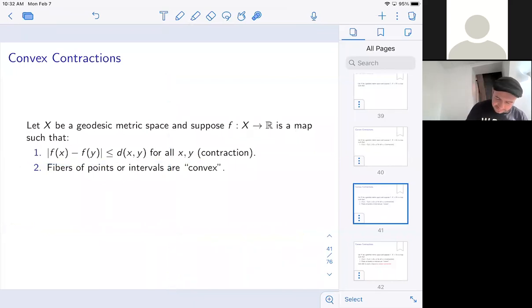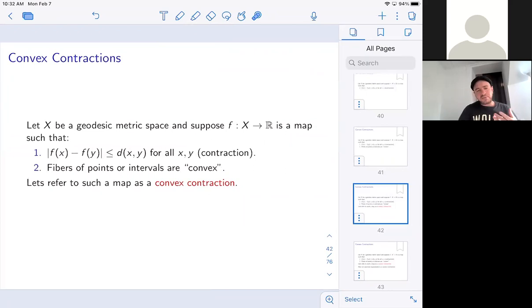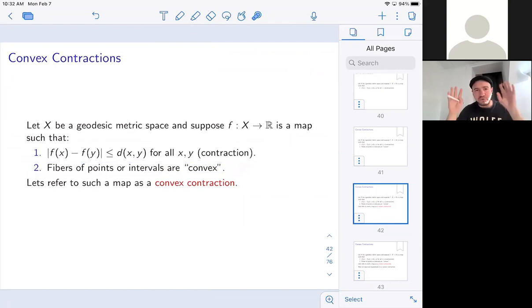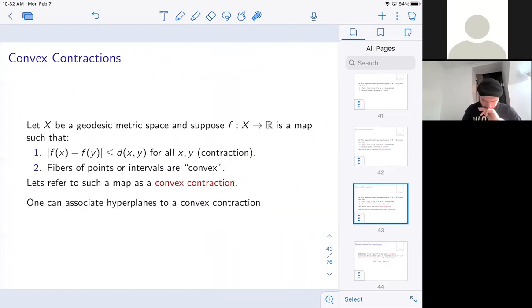But that's the idea. I'm going to refer to such a map as a convex contraction. It's a contraction because of this condition. It's convex because fibers are going to be convex with respect to some notion of convexity.